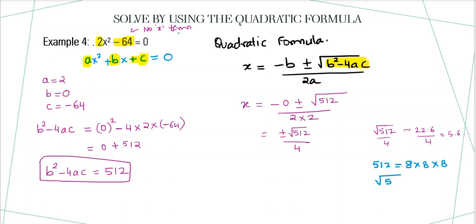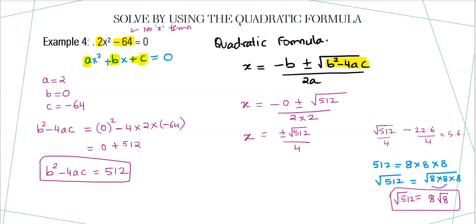So the square root of 512 is the same as the square root of 8 × 8 × 8. As 8 appears 2 times, you can write it as 8√8. Again, I'm saying it's optional. You can use the calculator instead and get your answer.